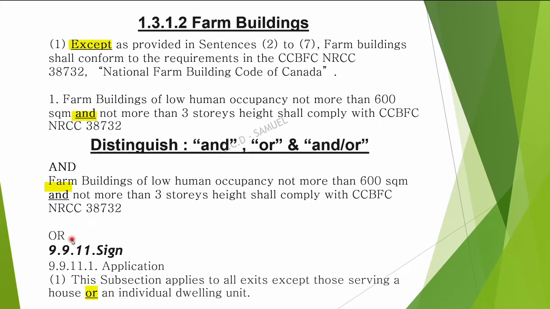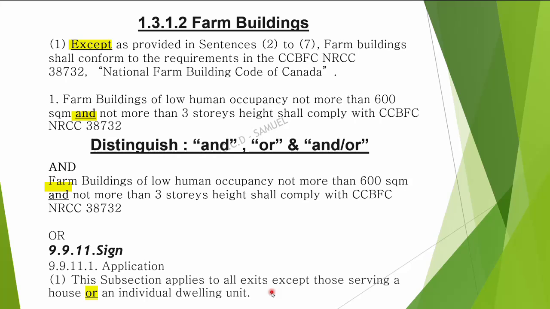Let's look at the or sign, for example. In 9.9.11.1, under scope and application, if you take your time, pause the video and turn to this part in the Ontario Building Code, you will see this subsection applies to all exits except those serving a house or an individual dwelling unit.